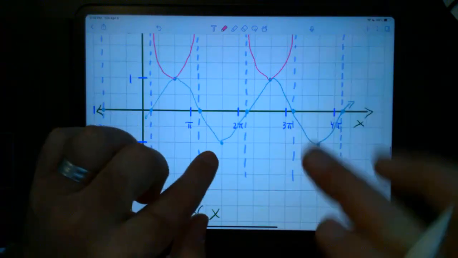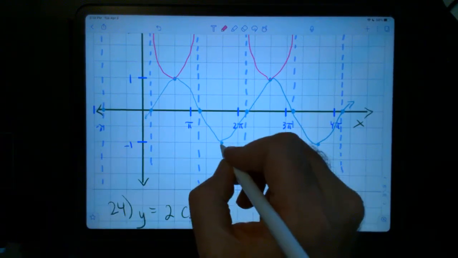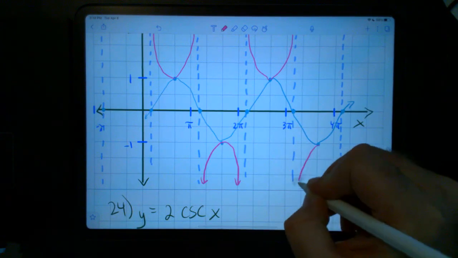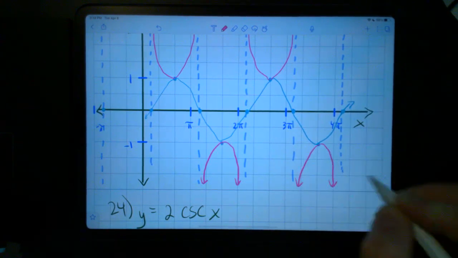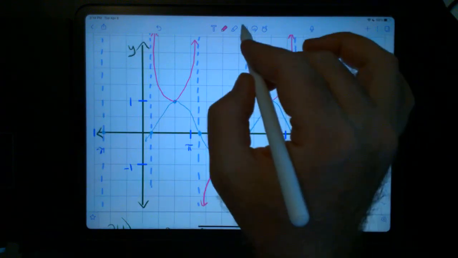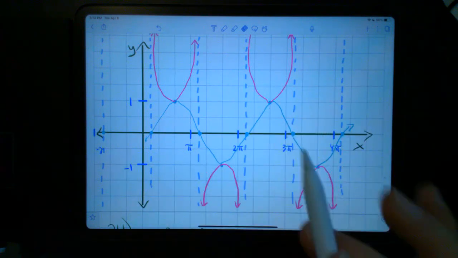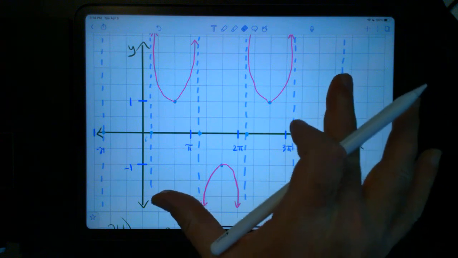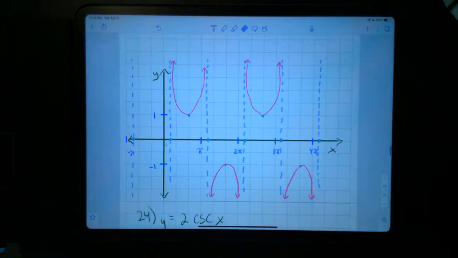That's because this one here, we also need to flip upside down. And then to make your graph look nice, we can eliminate that sine graph because the sine graph was just there to give us a framework.